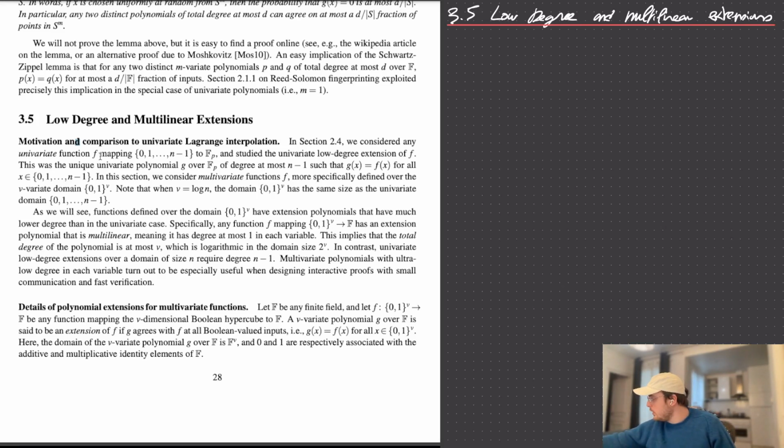Let me check. Okay. So let's do low degree and multilinear extensions. Motivation and comparison to univariate Lagrange interpolation.